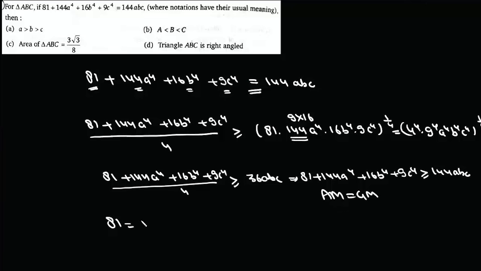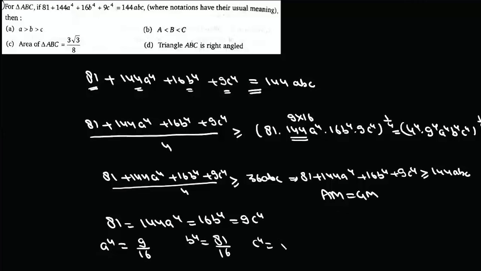That means 81 must be equal to 144 a to the power 4, and it is equal to 16 b to the power 4, which is equal to 9 c to the power 4. So from here we can write a to the power 4 equals 9 by 16, b to the power 4 equals 81 by 16 and c to the power 4 equals 9.